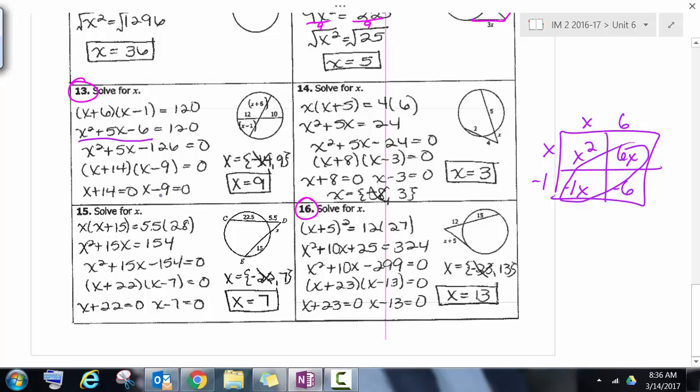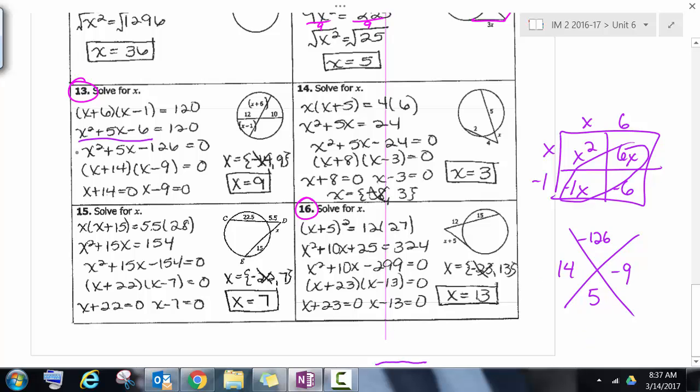So we have a quadratic. How do we solve that? Well, we get it all over on the one side, so we subtract 120. We get x squared plus 5x minus 126 equals 0. So what we're going to do is do our diamond problem. Negative 126 and 5. What multiplies to negative 126 and adds up to 5? Well, 14 and negative 9.